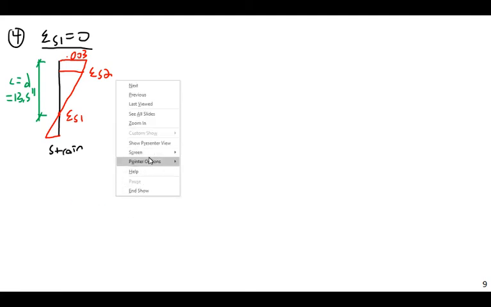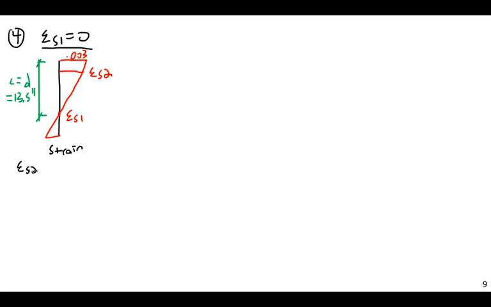I want to apply similar triangles to calculate epsilon S2. So I'm going to compare this triangle to this triangle, again, the small triangle to the big triangle. Epsilon S2 divided by C is going to be equal to 0.005. Oh, sorry, wrong thing here.